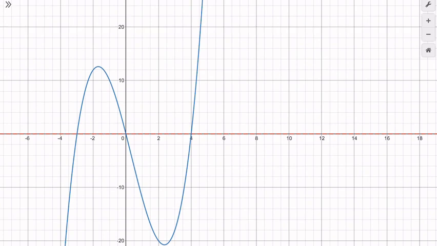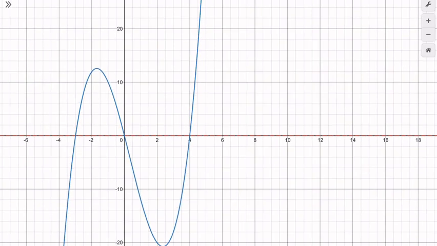Well, it's positive in between negative 3 and 0, and it's positive after 4. But for these values, as you can see, these values are negative. So if we go through the whole graph, it's negative. Once we get here, the y values are positive. The y values are still positive until we get to 0, and then they're negative again until we reach 4, and then they're positive.